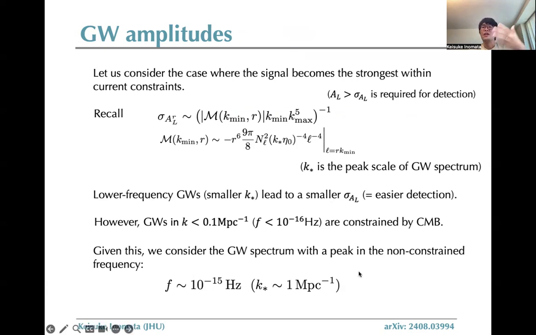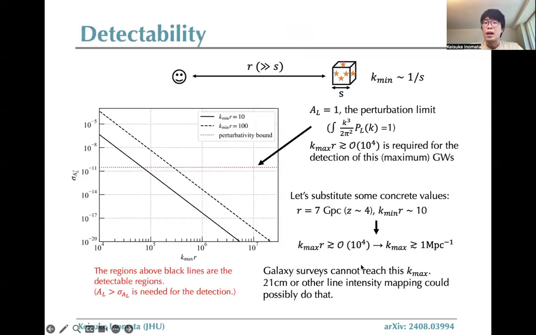So we consider the gravitational waves like this. Then we obtain this result. This figure shows the relation between the variance and the K max R. The regions above black lines are the detectable regions.